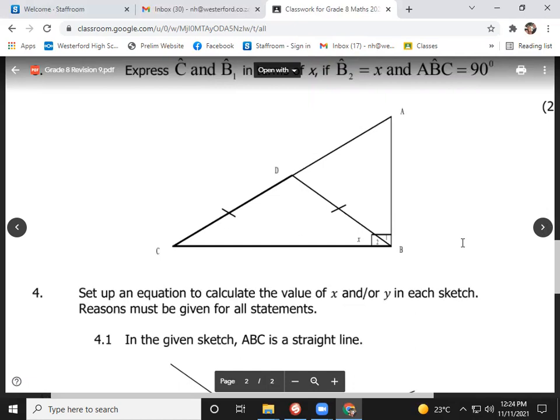It's almost like those area ones, where you had a square and then a circle was cut out and you needed to find the shaded area. You take the area of the square minus the area of the circle. It's a similar type of thing here. You take the whole angle minus the one at the bottom. So in this case, B1 would be Y minus X. Okay.